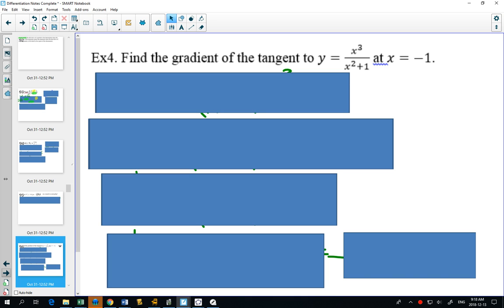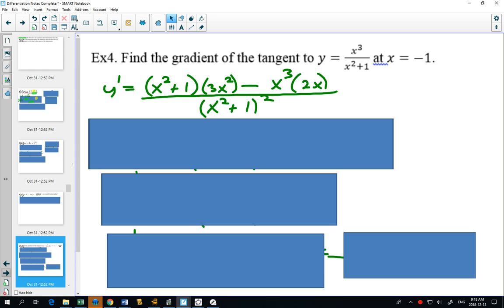Find the gradient of a tangent at x equals -1. So we introduce a new derivative rule, and then we just do the same questions with the new rule. How many times have we seen questions like this? Lots, right? What do we do? We find our derivative. Well, what's our derivative this time? Now we have to use a quotient rule to find our derivative.